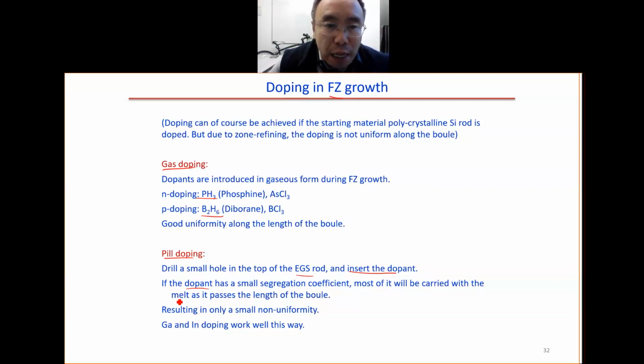That means the dopant in the melt will be kind of constant. If the dopant in the melt is kind of constant, then the dopant in the solid will also be constant, so we have a small non-uniformity. This is good for the case of a small segregation coefficient, for example gallium or indium.